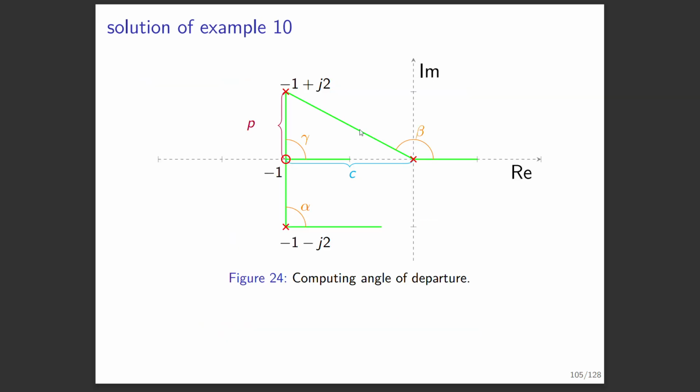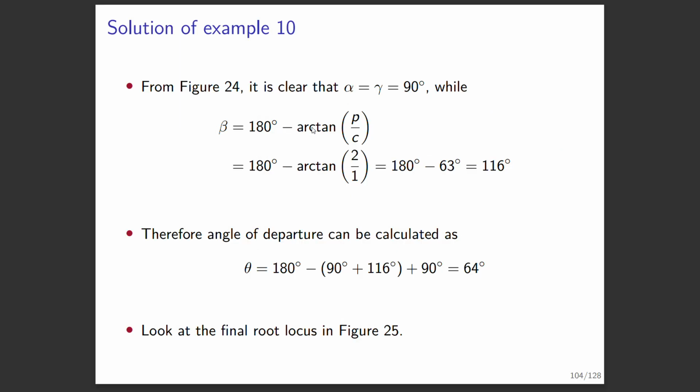So this is one pole, this is another pole. So I want to add alpha and beta, and then I want to subtract the summation of alpha and beta from 180 times 2k plus 1. I want to add to it gamma, which is 90 degrees. Okay, so this is the math for it.